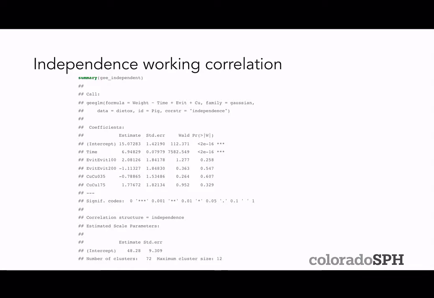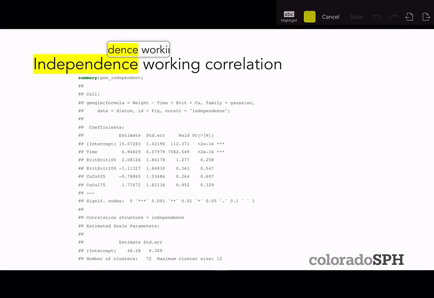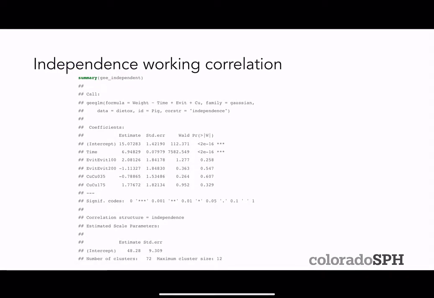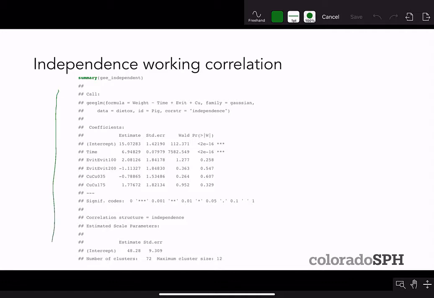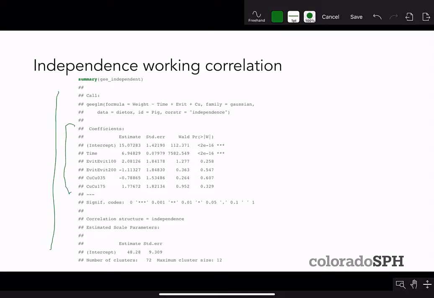So just looking at some of the results that are output here. The summary looks a lot like we would see in a GLM model, where you get coefficients, estimates, and standard errors, and these are the robust standard errors that come from the sandwich estimator.